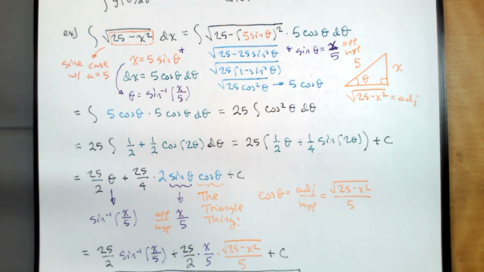So we're pulling a lot of information from our initial substitution. x equals 5 sine theta. That decision tells us what dx needs to be. That's normal for a substitution. We look at what x is, we look at what dx is. But we also can figure out what the sine of theta is equal to. We can figure out what theta is equal to. And we can figure out what cosine of theta is equal to, all in terms of x.